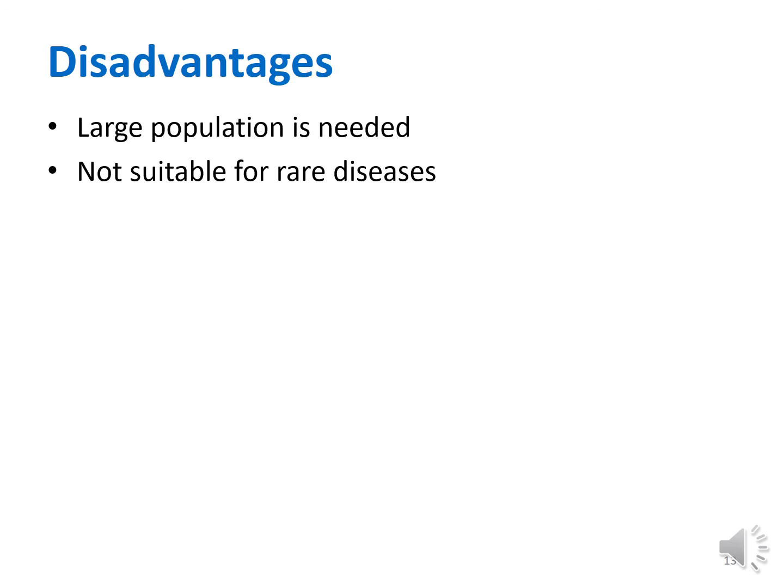As in case of rare disease, very few subjects are available, and in cohort, large sample size is needed. It takes more time to complete this study, and it is expensive also. It is time consuming and expensive.